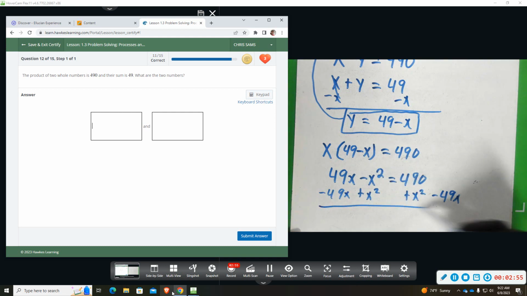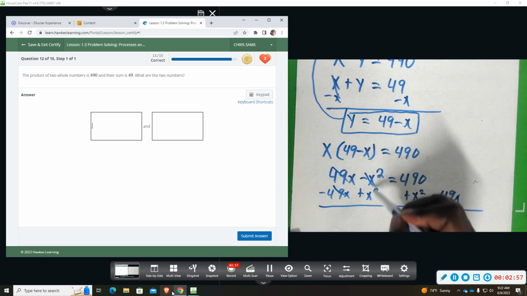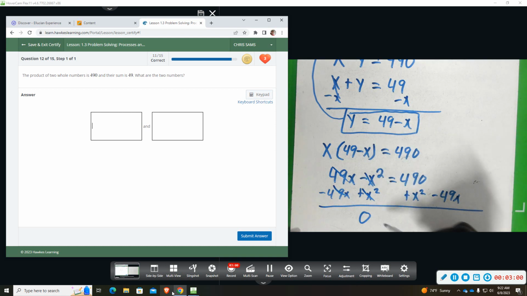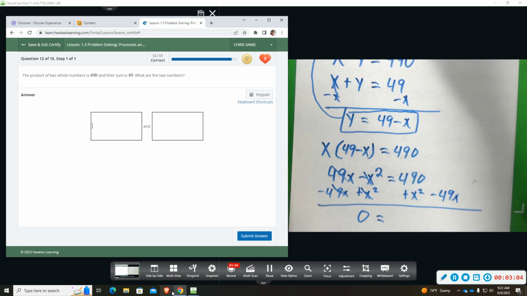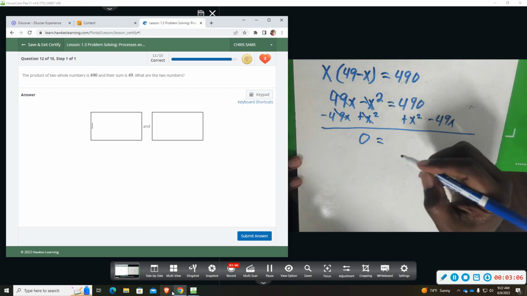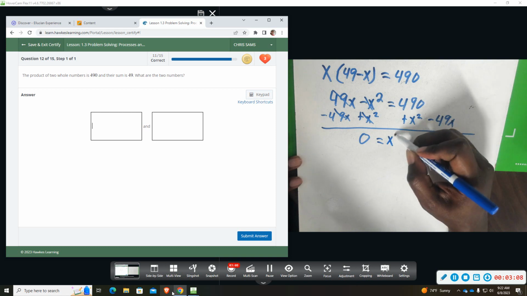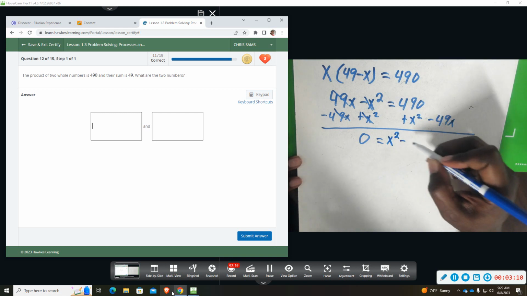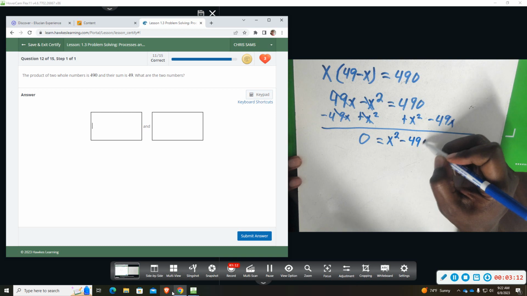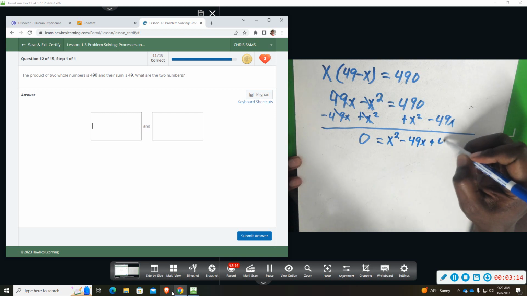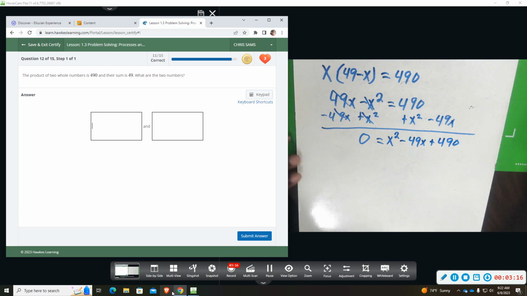So on the left side, these will cancel, and I'll be left with 0. On the right side, I'm going to put everything in order, and I will have x squared minus 49x plus 490.